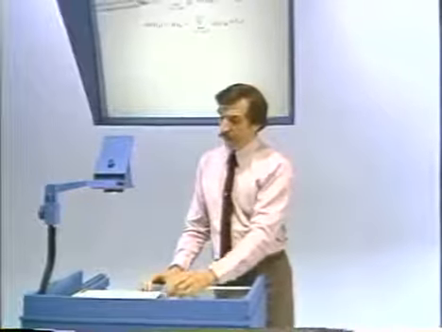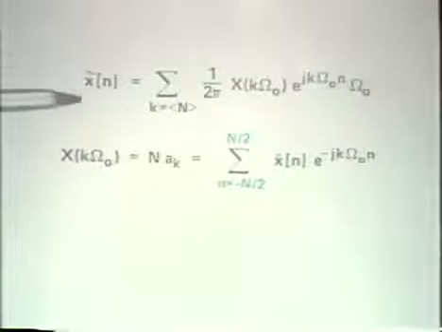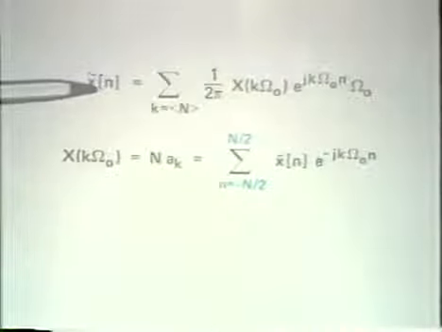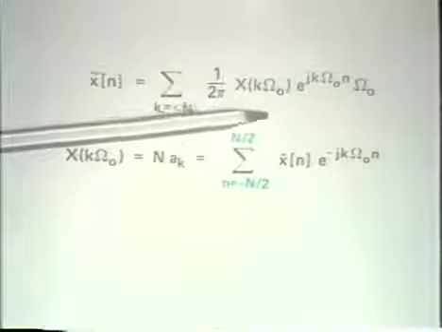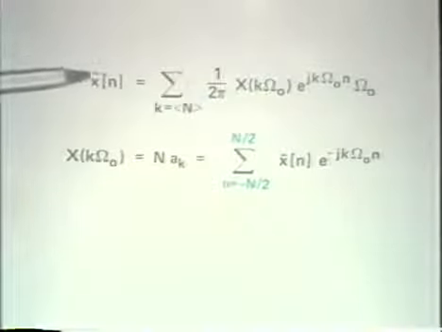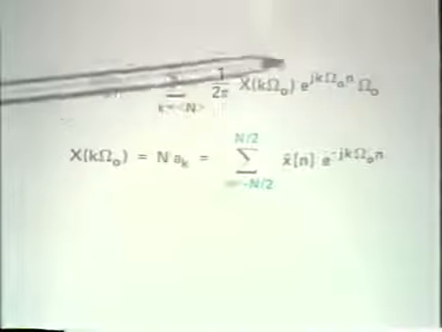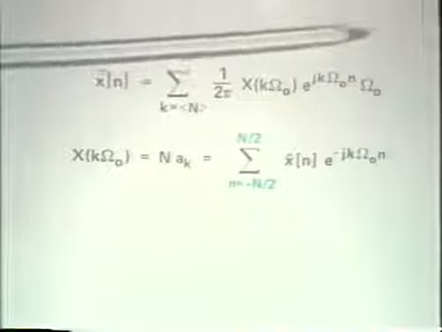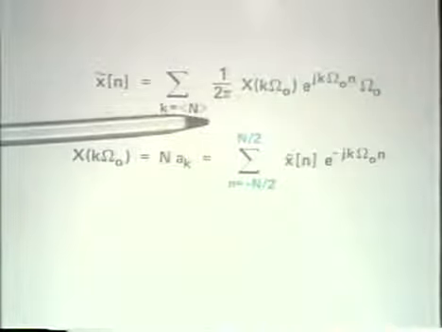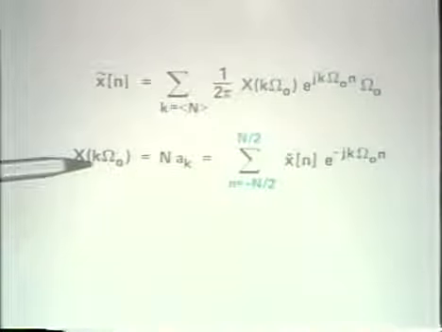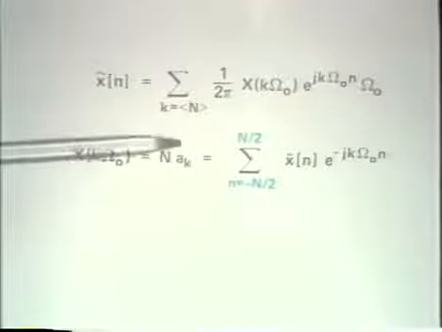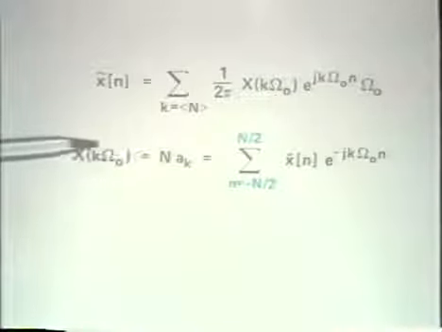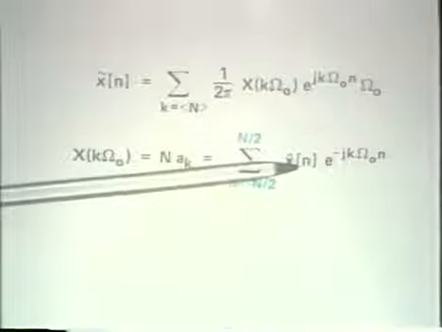Specifically, here is the representation through the envelope function, and this is the Fourier series synthesis equation, where the equation below tells us how we get these Fourier coefficients, or the envelope, from x of n.